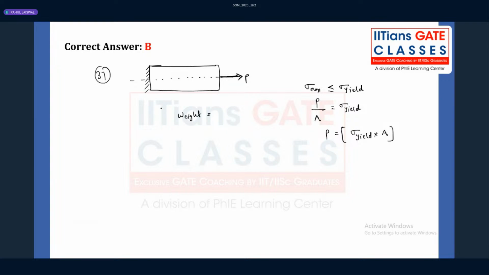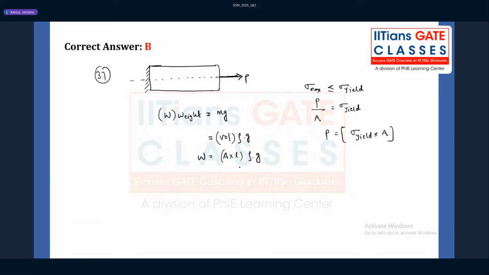weight, which I am representing by W, is equal to mass into acceleration due to gravity. Mass is given as volume into density, into g. Volume, we know, is area into length, into rho into g. Then this is the weight value.